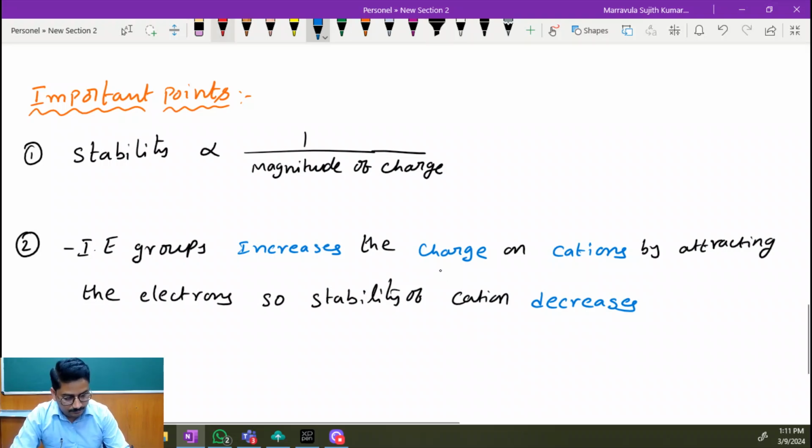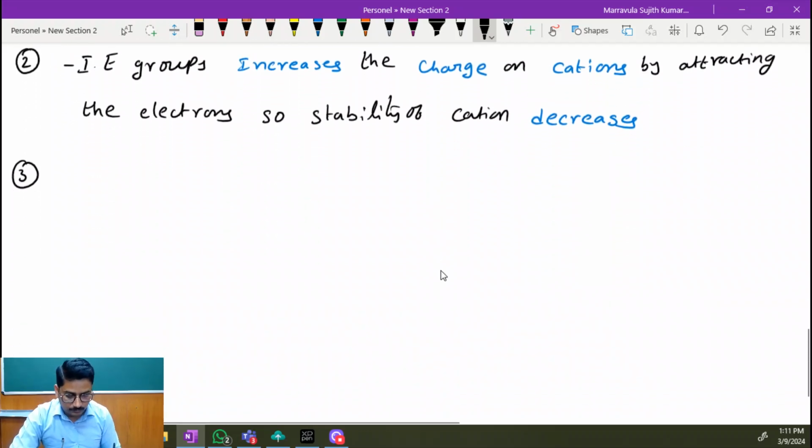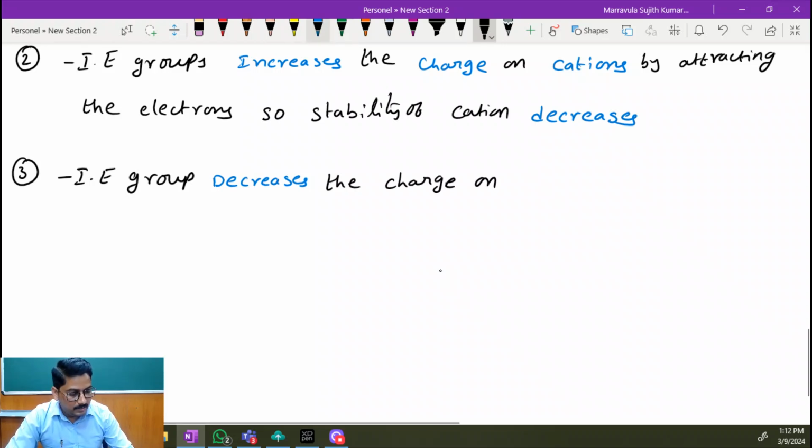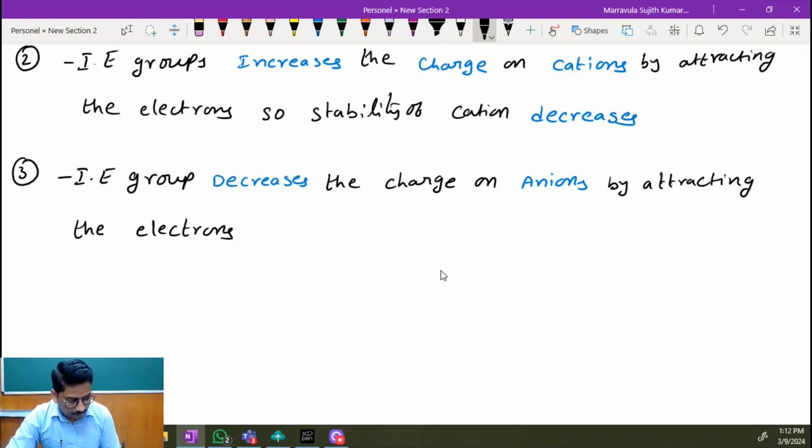Another point is, the same, this minus IE group decreases the charge on anions by attracting the electrons, so stability of anion increases.